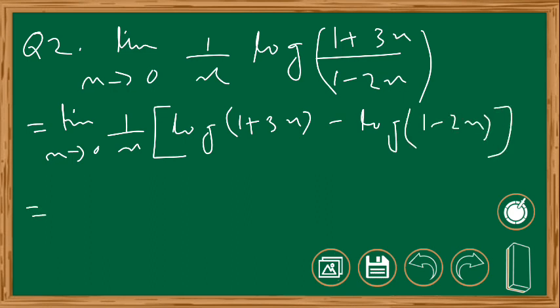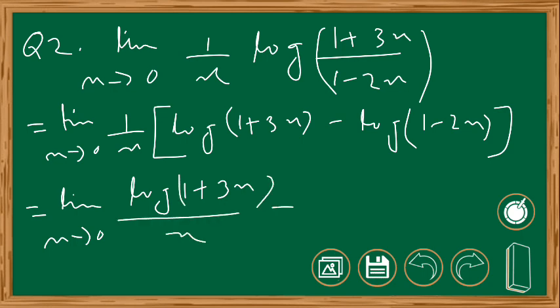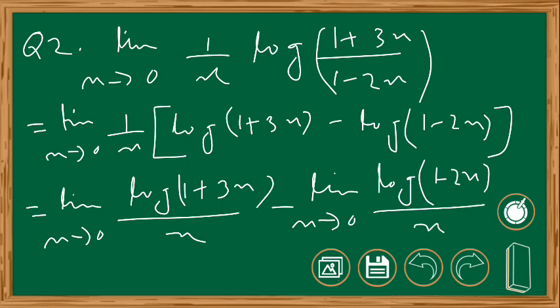So I will have two limits now: limit x tends to 0 of log of 1 plus 3x divided by x, minus limit x tends to 0 of log of 1 minus 2x divided by x. So now I have to solve two limits for this.